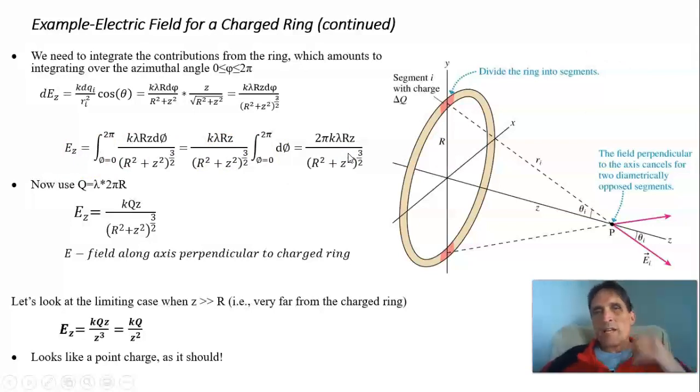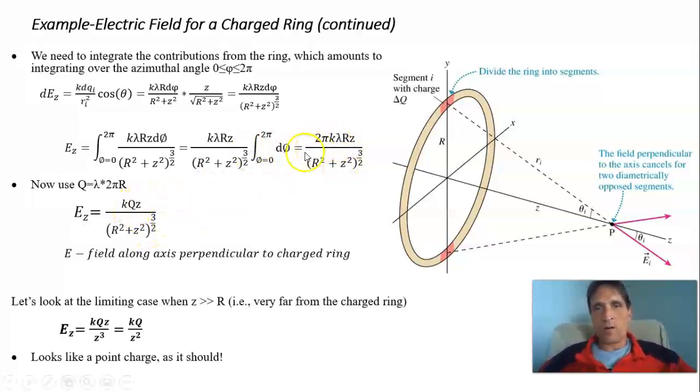Now we could either leave it in terms of the charge density, or the author, in the spirit of confusion, decides to switch back to charge Q. So Q is equal to the charge per length times the length of the ring, which is 2 pi R, and so 2 pi R times lambda is Q, and that's another way of expressing the electric field.